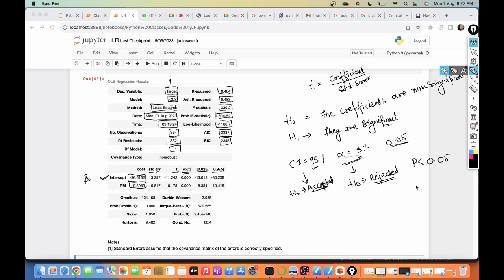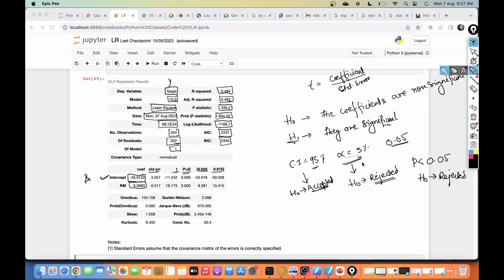So in that case H naught will be rejected, and H1 will be accepted, meaning the variable is significant. It has an impact on the model.